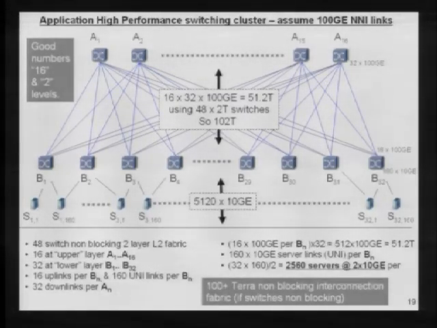So that's a pretty substantial layer 2 fabric, which a protocol like 802.1aq can support. It's only 48 nodes, which is trivial for a protocol like ISIS. So this is the kind of application either in a data center or a high performance computing environment that we expect to see going forward.